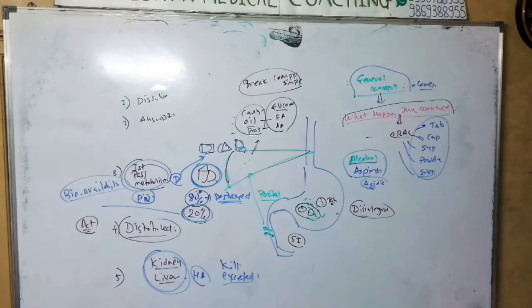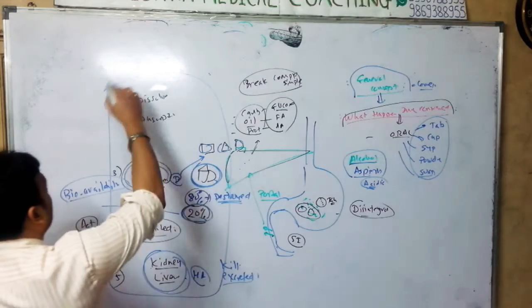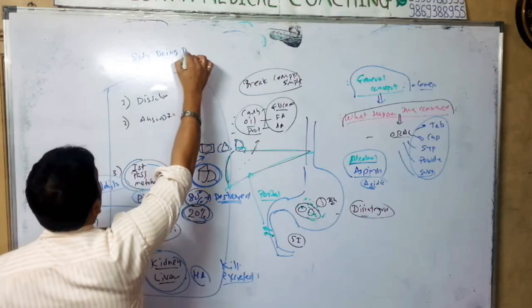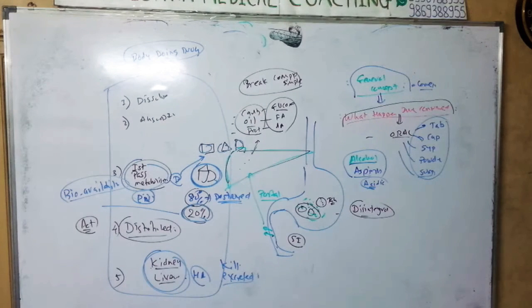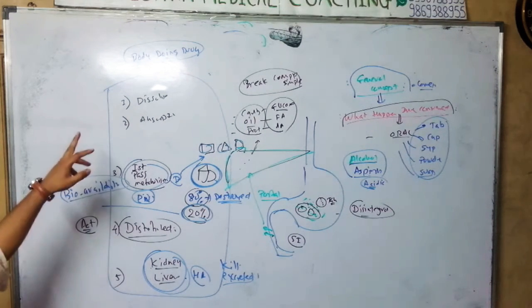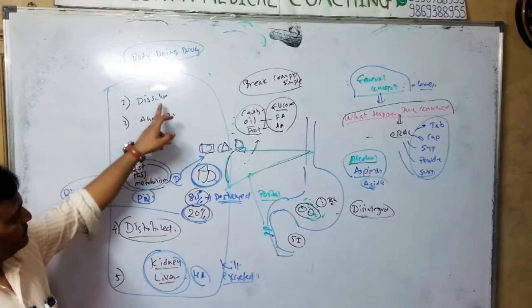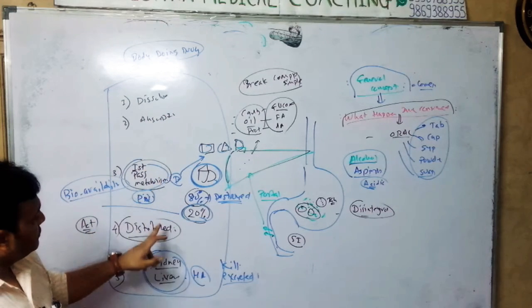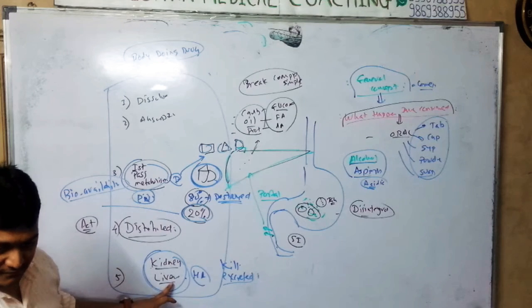This is one part. And in this particular part, we learn about what the body is doing to the drug. It is not the drug doing to the body. It is the body doing to the drug. Drug is moving from one place to the other: from esophagus to stomach to liver to systemic circulation, then through kidneys and liver getting excreted.